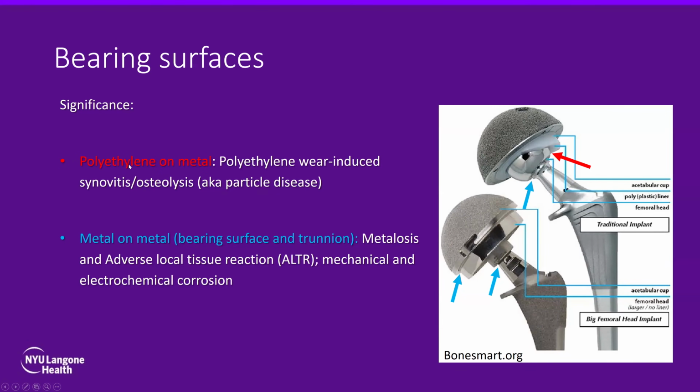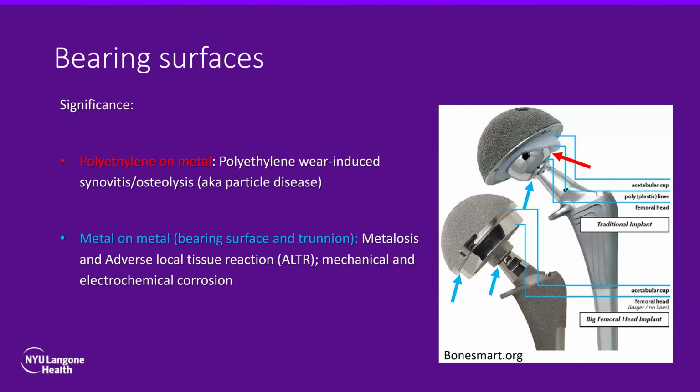We just touched upon this. With polyethylene on metal, for example in this case, the green arrow, the motion is between metal and polyethylene. So we get polyethylene wear-induced synovitis. This is known as particle disease. These plastic particles are in the joint, so you get synovitis because of that.